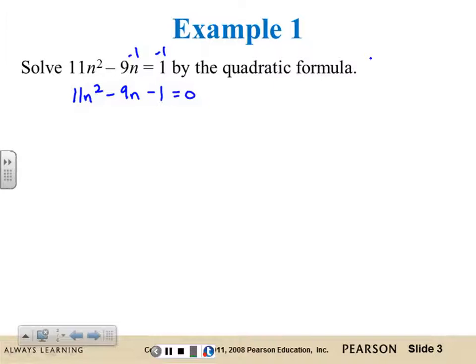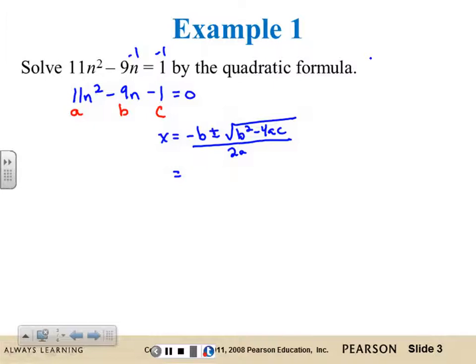So a is going to be my coefficient of my squared term, b is going to be the coefficient of my linear term, and c is going to be my constant. Alright, so the quadratic formula states x equals opposite of b plus or minus the square root of b squared minus 4ac all over 2a.